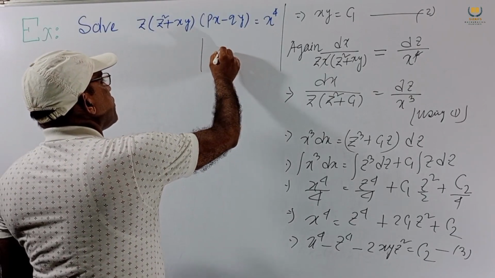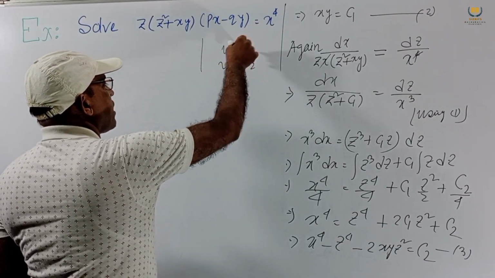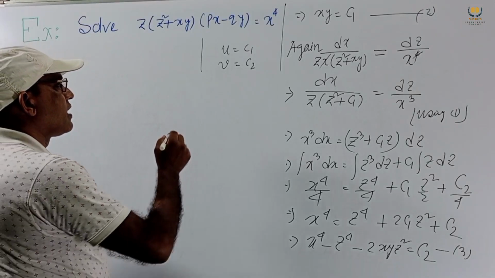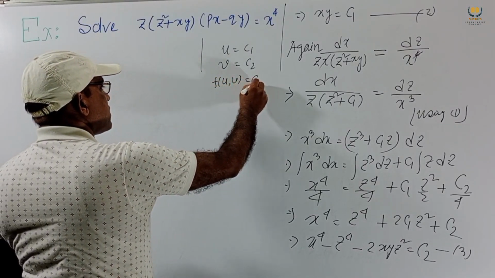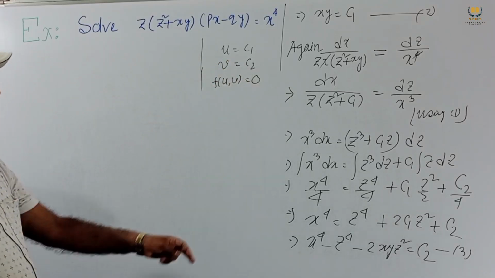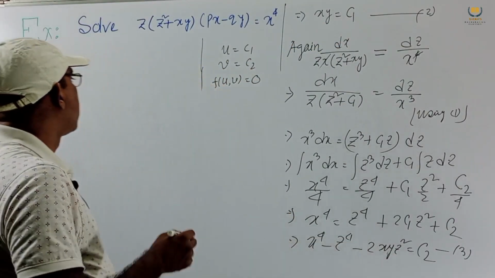So we know u equal to c1 and v equal to c2. If we have two solutions, then the required solution will be f of u comma v equal to 0. So this is u and this whole is v.